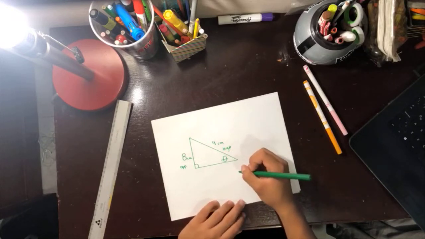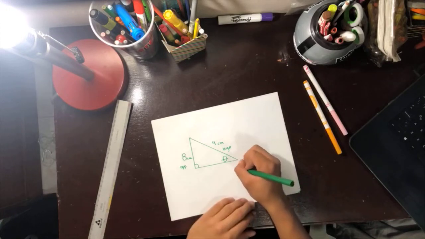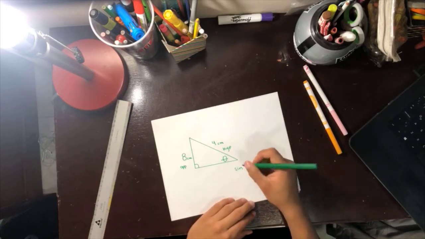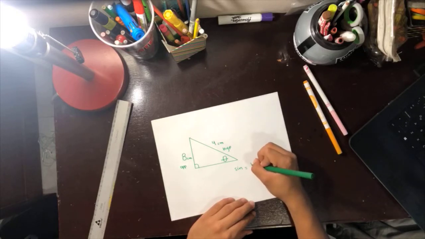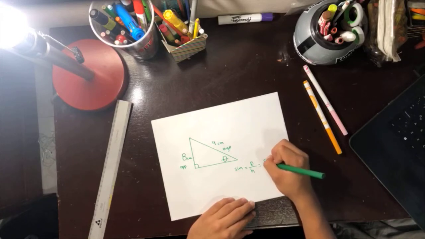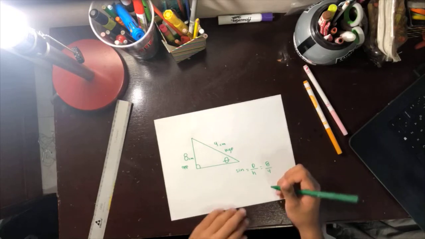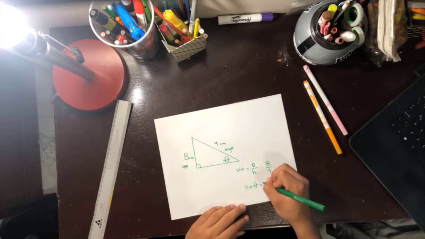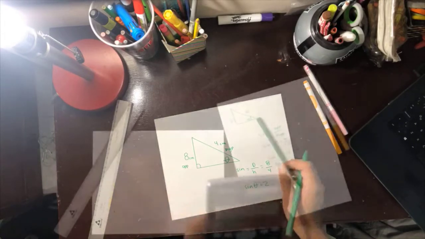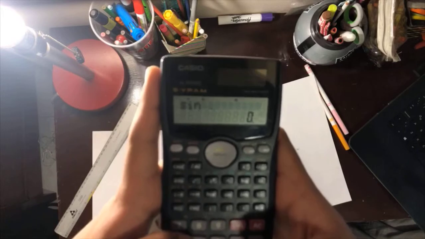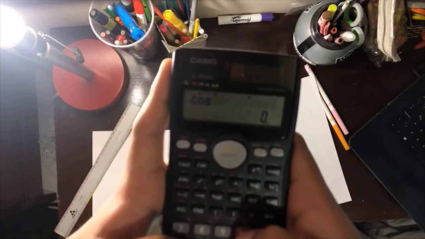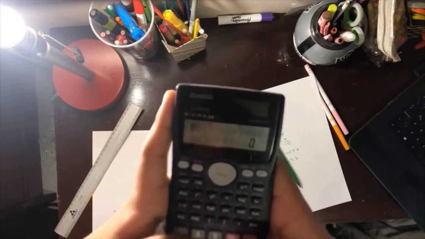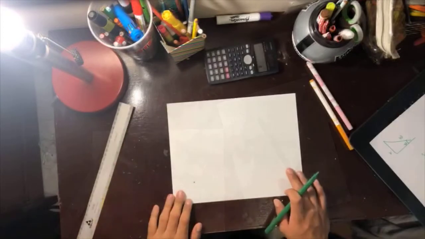Sine of theta equals 8, that is the opposite, over 4, that is the hypotenuse, which gives us sine of theta equals 2. Remember to verify your answer in your calculator. In this case, you don't need sin, cos, or tan. You just divide 8 over 4.